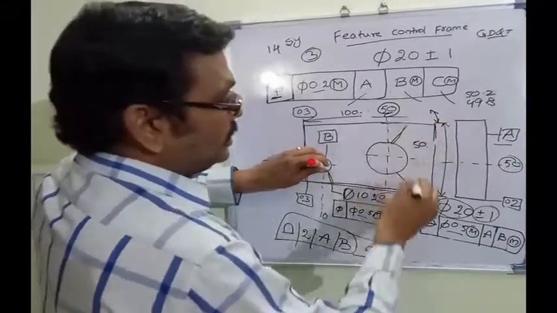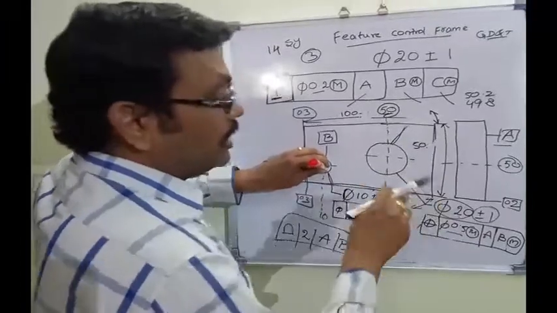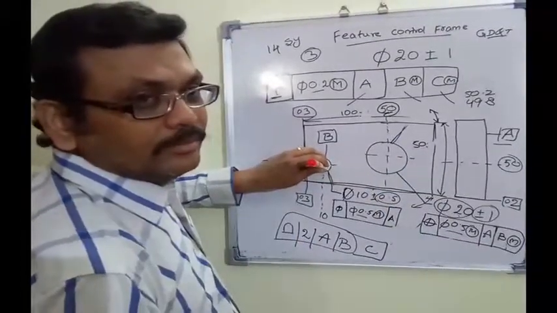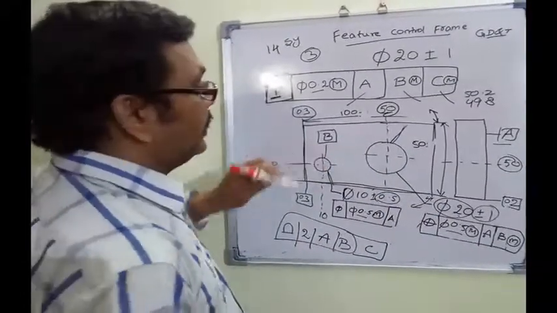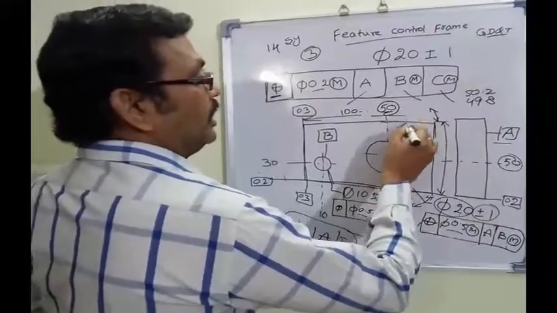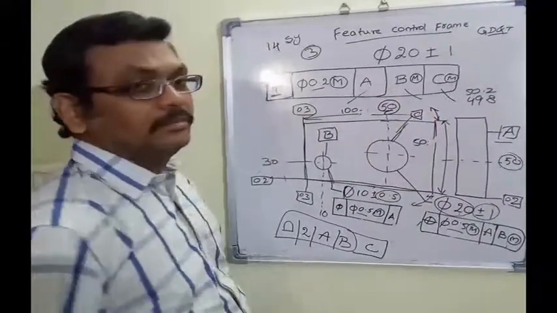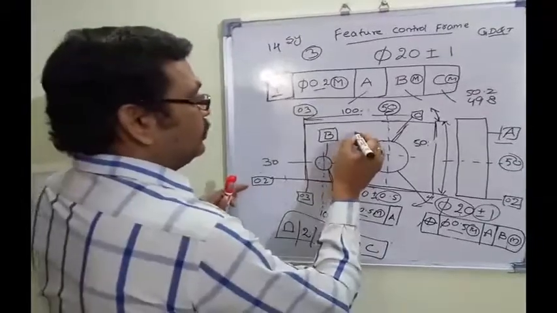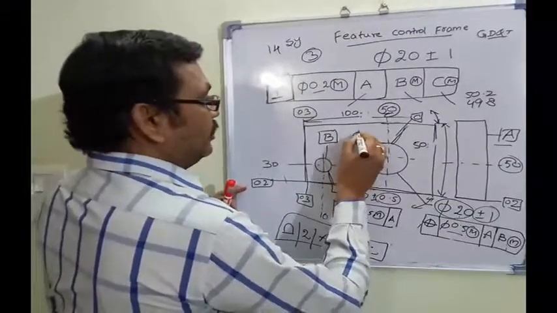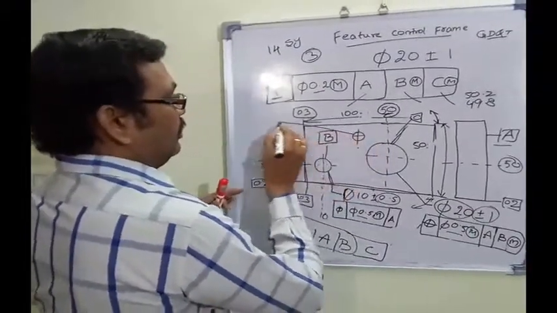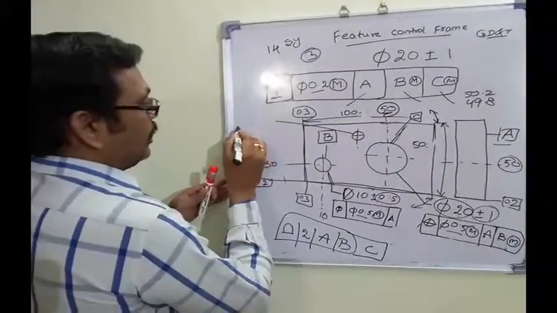There is a chance the plate can rotate or tilt like this. So for that, we can take datum C. Suppose if there is one more feature here, then GD&T.